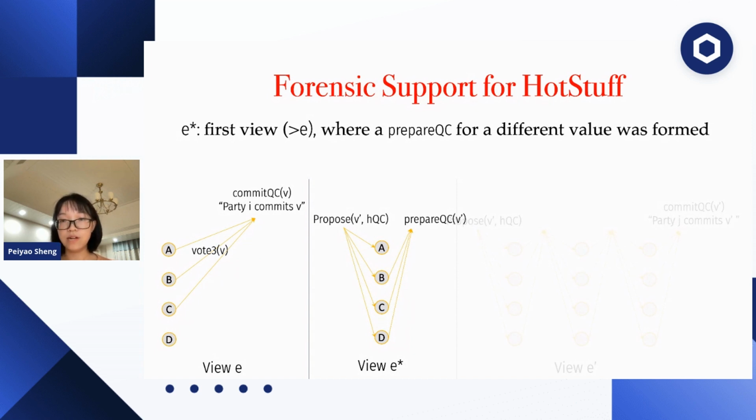So in this view E star, the view number of HQC in the proposal must be lower than or equal to E. Why? Because HQC is the highest prepare QC known to the leader. And if the view number of HQC is higher than E, then E star would not be the first view to form a prepare QC, according to the definition. So we can make sure that in this view E star, it goes back to case 1. And then we can claim that B and C are malicious.